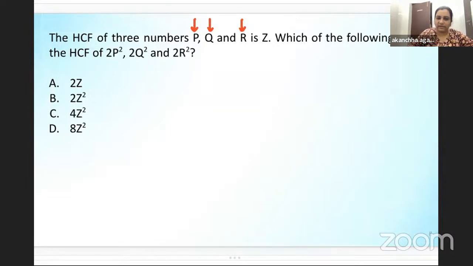Okay, I'm getting some answers as 8Z squared. Let's see more. Exactly in 30 seconds, I'll start the discussion.